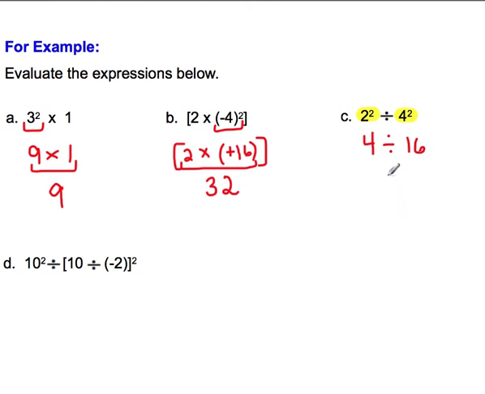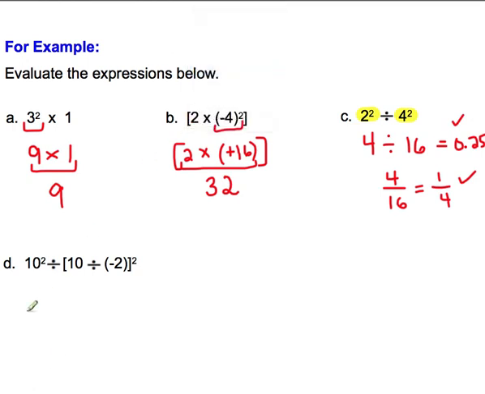A different way I can write division is 4 over 16. So I reduce that to 1 over 4. Or it doesn't specifically say that I have to write it as fractions, so you can actually do the division as 0.25. So either one of these answers would be correct.